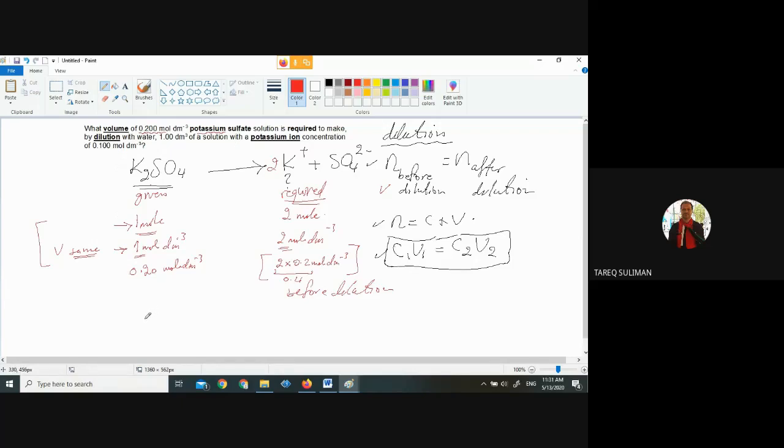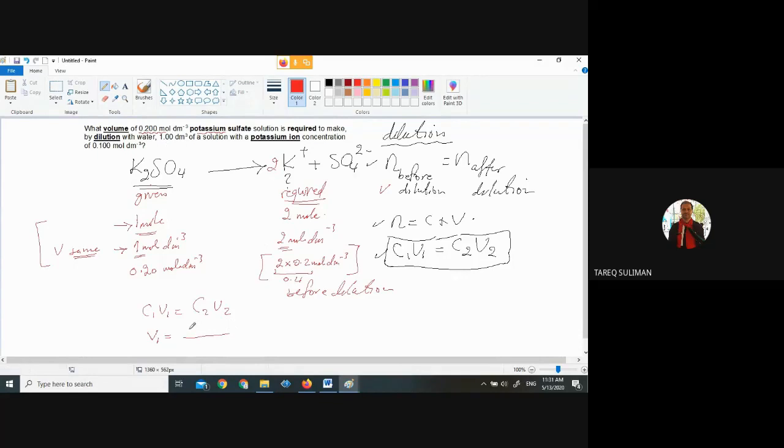So C1 V1 equals C2 V2. I need to know the volume to be taken. They call it V1, which equals C2 V2 divided by C1. What is C2?